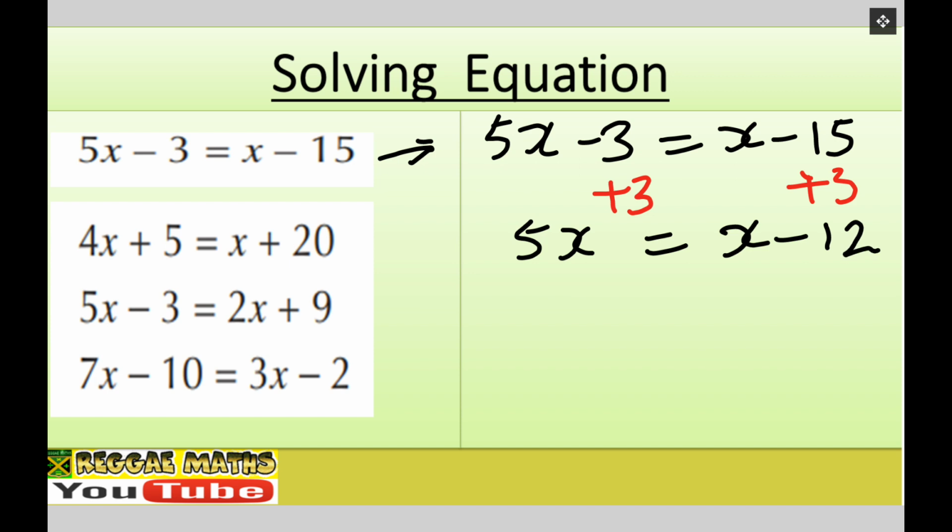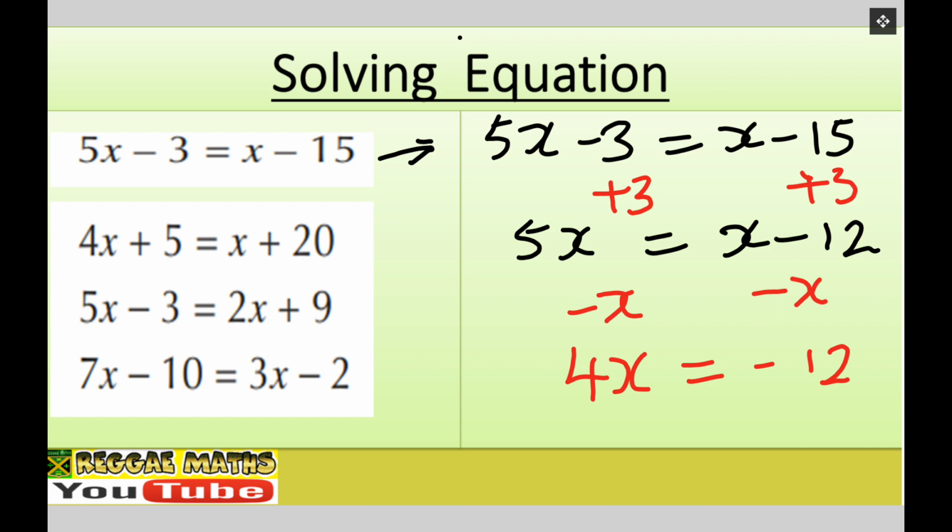Next stage here, I need the x on the other side, so it's a plus x on the right hand side, so I need to take x from both sides. So I end up with 4x equals minus 12.